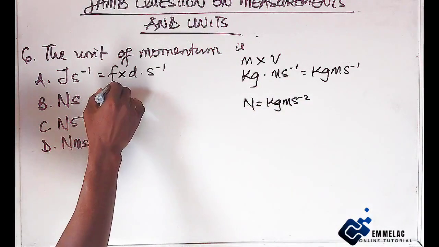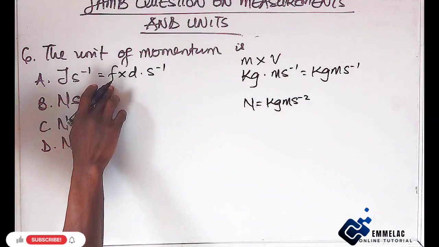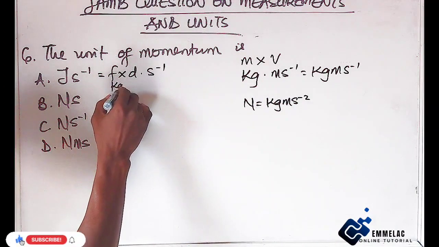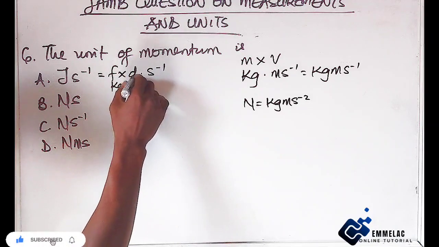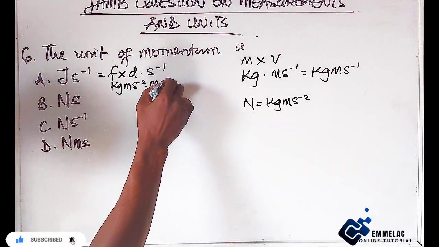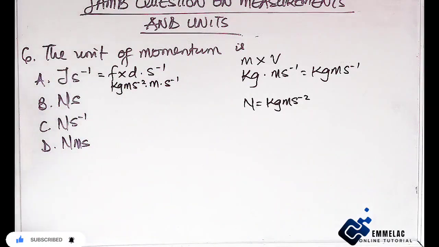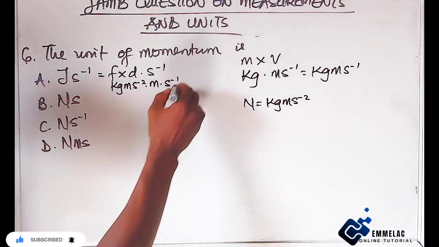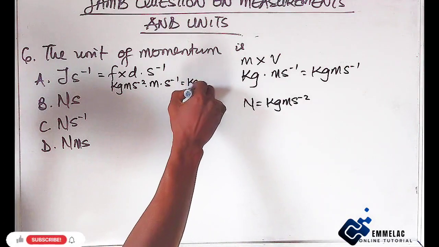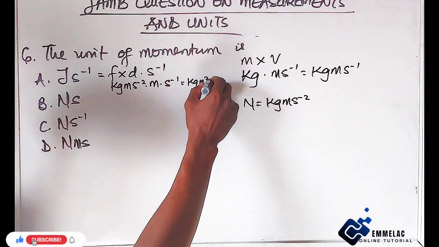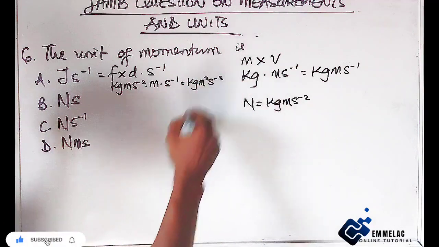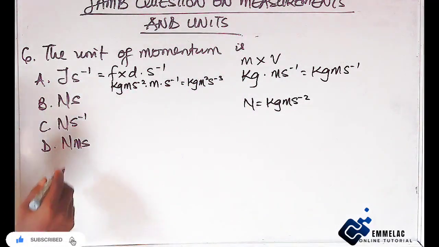So force in Newton is kilogram meter per second square, times distance in meter, then times second per second, okay. So at the end of the day, we end up having kilogram meter square per second cube, okay. So that one is wrong.